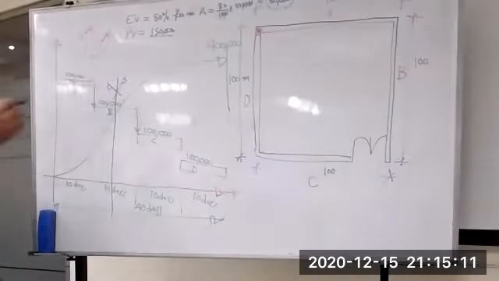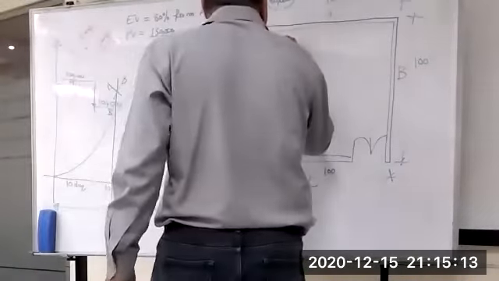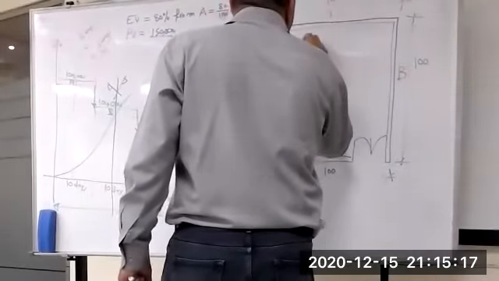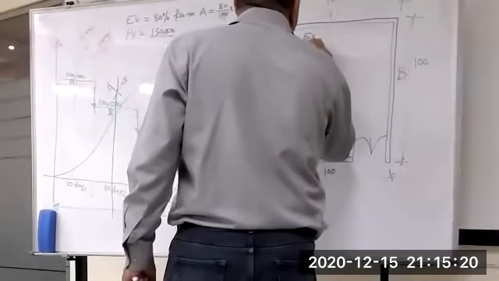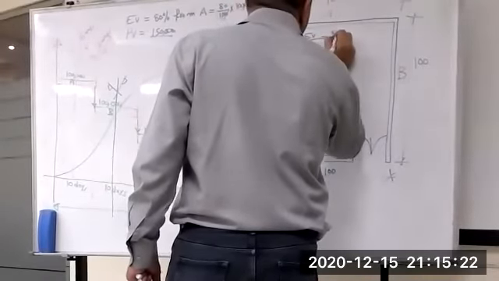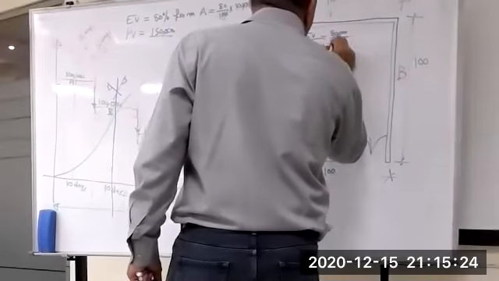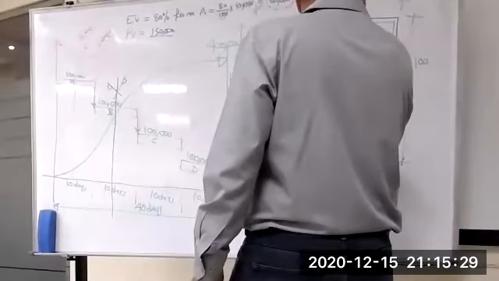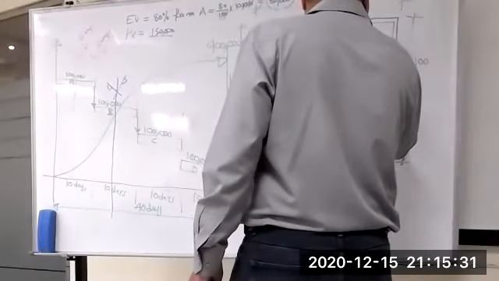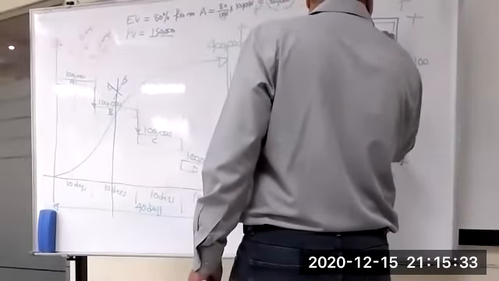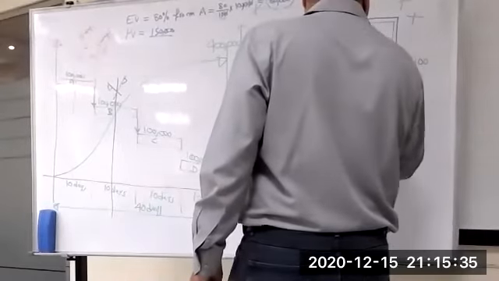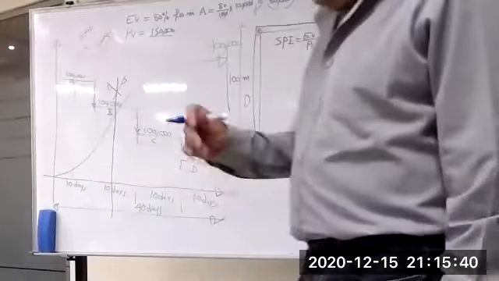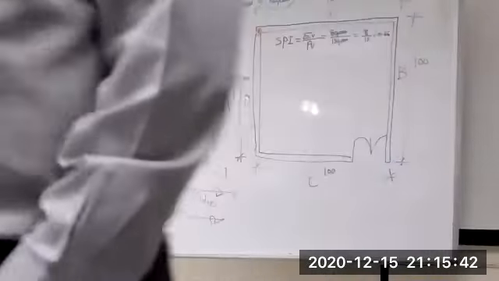The first indicator we call SPI equals earned value divided by planned value. 80 over 150, meaning 8 over 15, equals 0.5 something. 0.56, assume. Correct, guys?